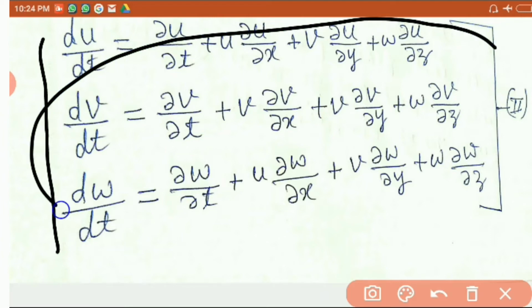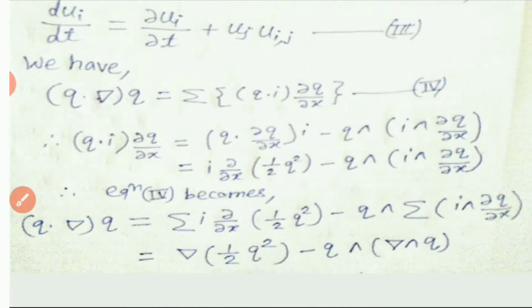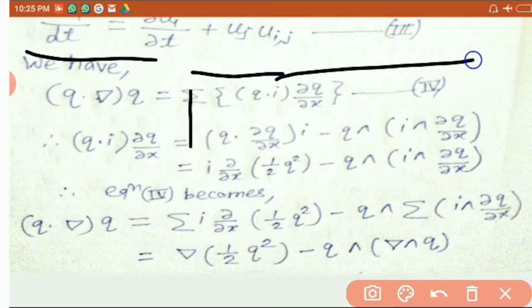All these equations can be written in one equation, and that equation in the tensor form is dou u i by dou t is equal to dou u i by dou t plus uj ui,j. Suppose this is equation third.